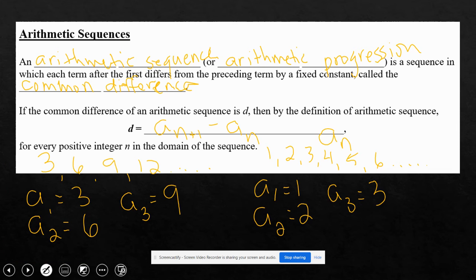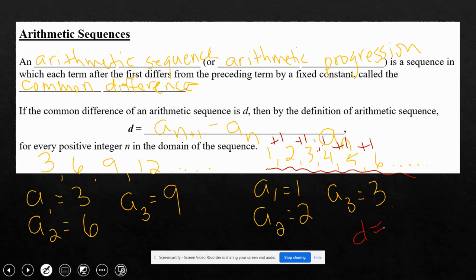So the common difference is what rule am I using to get, for example, in this first one of 1, 2, 3, 4, 5, 6, from 1 to 2 to 3 to 4 to 5 to 6. What am I adding or subtracting every single time? And so I added 1, added 1, added 1, added 1, added 1.